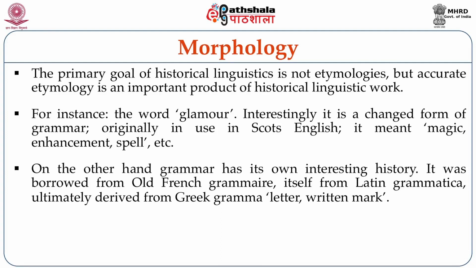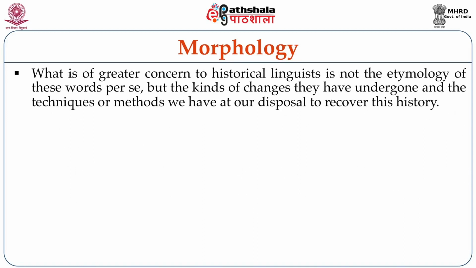It was borrowed from Old French grammare, which itself was from Latin grammatica, ultimately derived from Greek gramma, letter, written mark. What is of greater concern to historical linguists is not the etymology of these words per se, but the kinds of changes they have undergone and the techniques or methods we have at our disposal to recover this history.